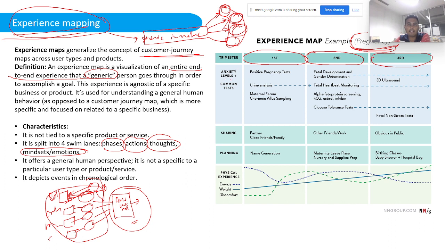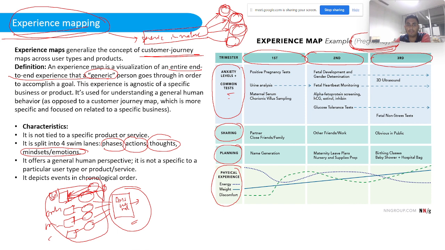And then you have a different set of actions and thought processes which belong to each of these phases. So phase-wise it has three phases, and then you try to map your actions.